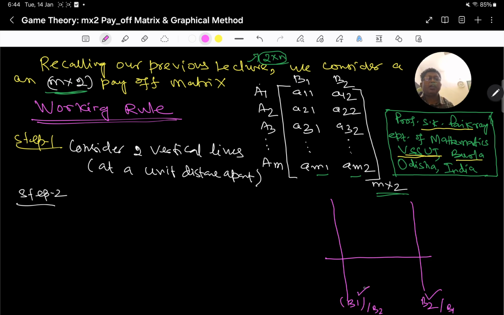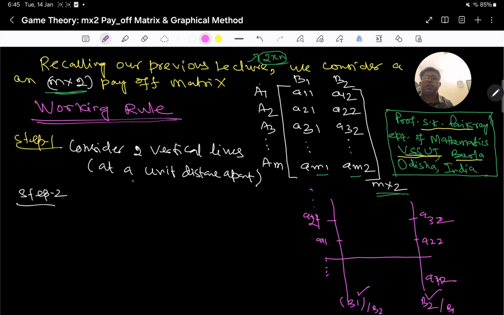I mark these points here, the a11 point, a12 point, and so on. Maybe a negative value may be there, and I may represent it. Similarly a21, a22, likewise a32, and so on, I will mark all of these.